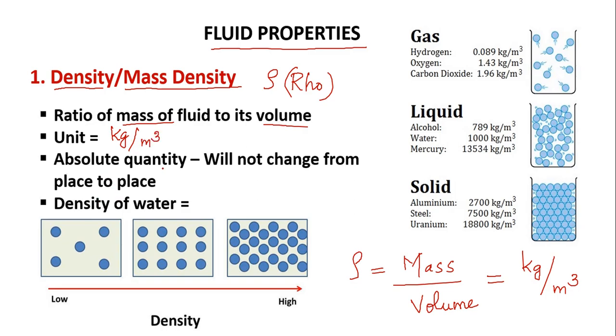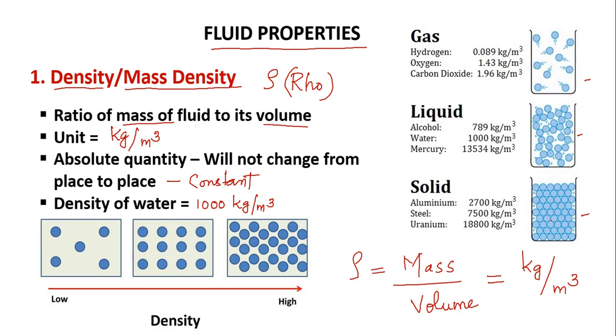Density is an absolute quantity. That means it does not change from place to place. It is a constant. And density of water: water is considered as standard fluid and density of water is 1000 kilogram per meter cube. Here you can see 3 containers of equal volume. In case of solids, the intermolecular forces of attraction is very strong.